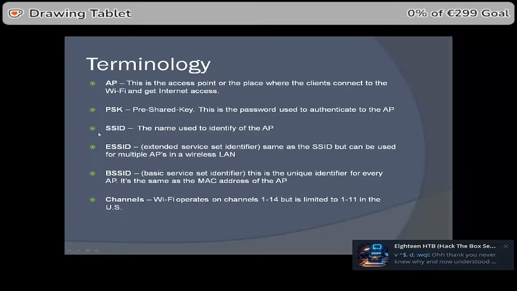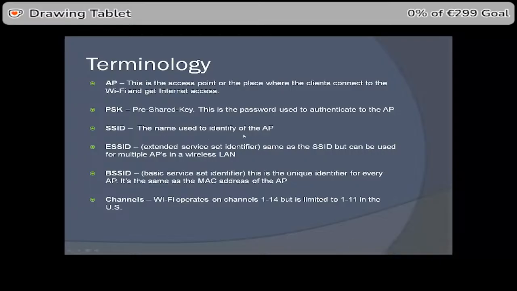Then the SSID, that's a name used to identify the AP. So whatever yours happens to be, you know, your name, Netgear, Linksys, that's the SSID. The eSSID is the extended service set identifier.